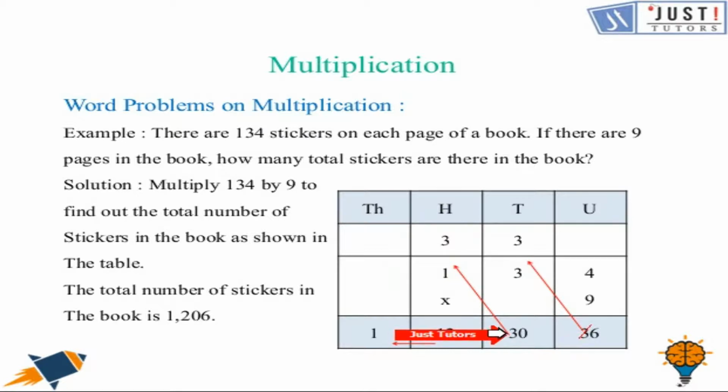Once again, the 3 has gone to the next column as a carryover and 0 will be staying here. Further, 9 times 1 is 9, add the 3 carryover is 12. Once again, the 1 will go as a carryover to the next column, and in the hundreds column the 12 will become the 2. The answer we'll be left with is 1206. So that is the total number of stickers in the book.